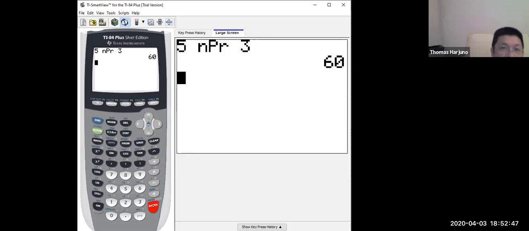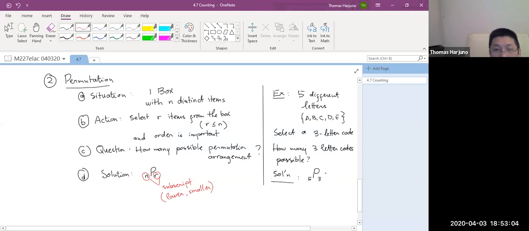This is 5 nPr 3, which equals 60. So going back to our notes, 5P3 equals 60. Is it okay?